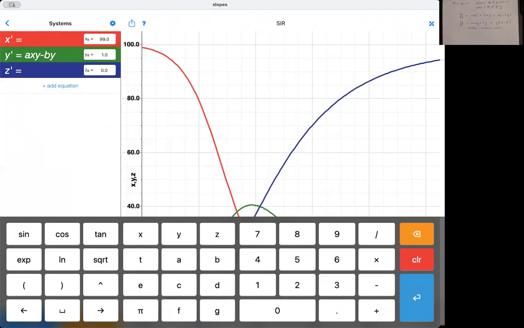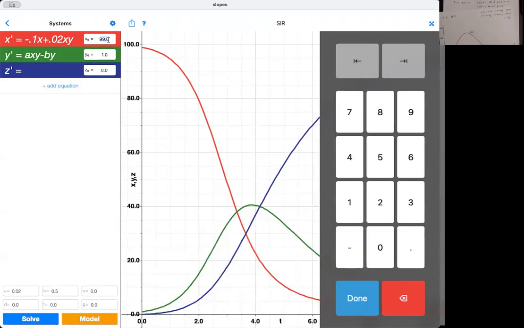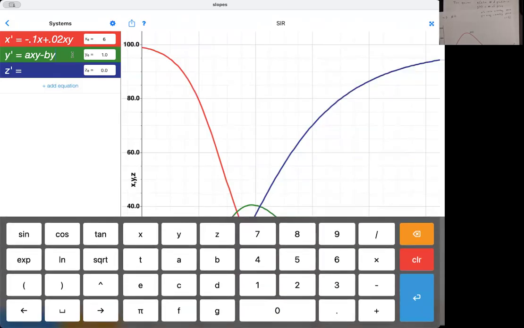dx/dt is negative 0.1x plus 0.02xy. Oh, wait a minute, these are, yes, xy. And we're going to start with x of 0 being 6. And then y prime, we're going to go with 0.2y minus 0.025xy.